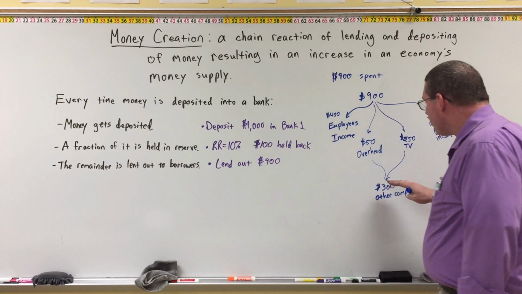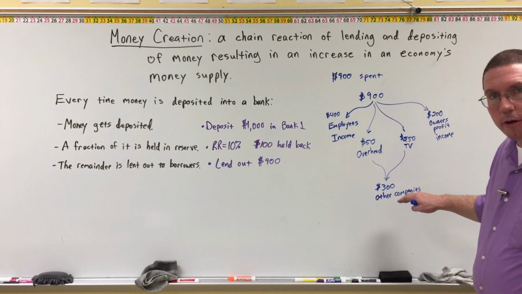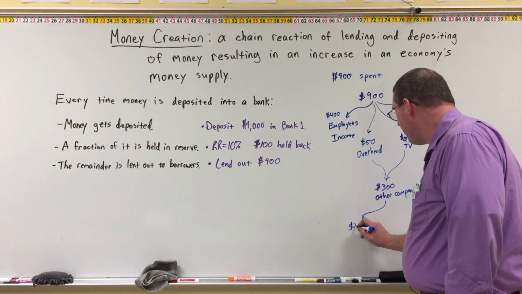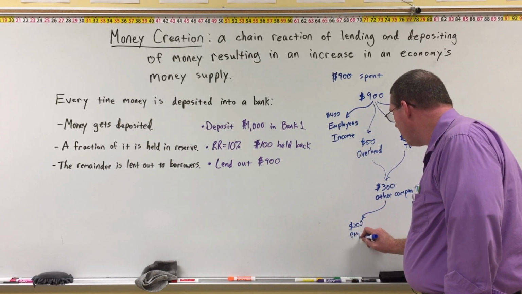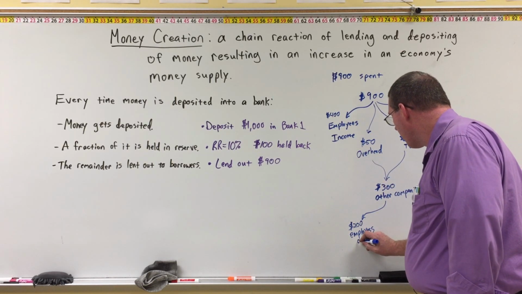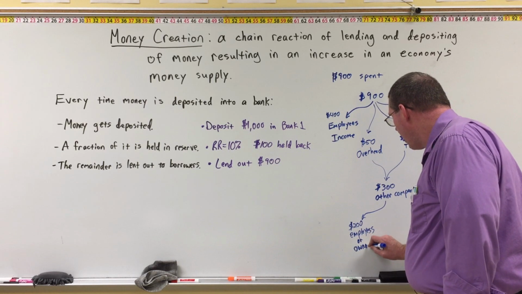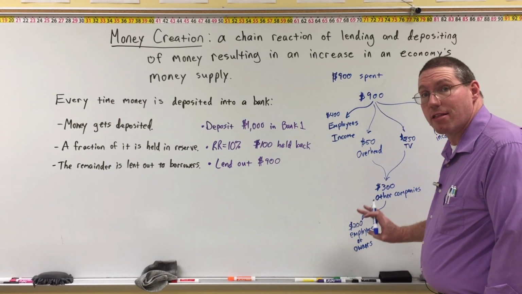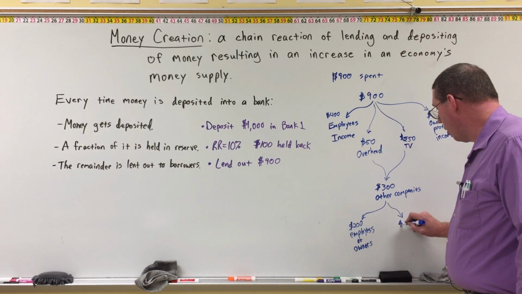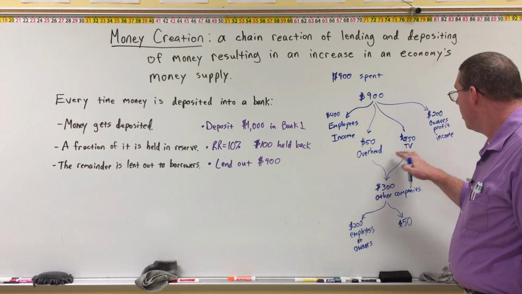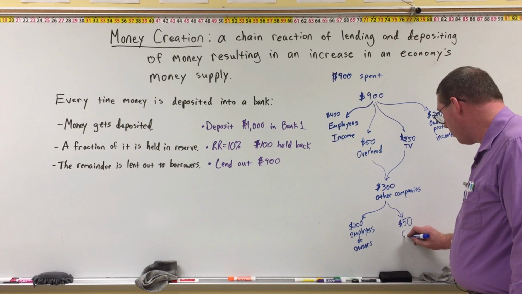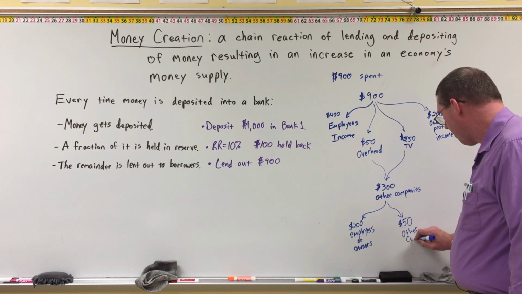When those other companies get that $300, let's say about $200 of it is going to their employees as income or owners as profit, and that's their income. The other $50 is going to go to some other company that provides supplies and overhead for these companies.